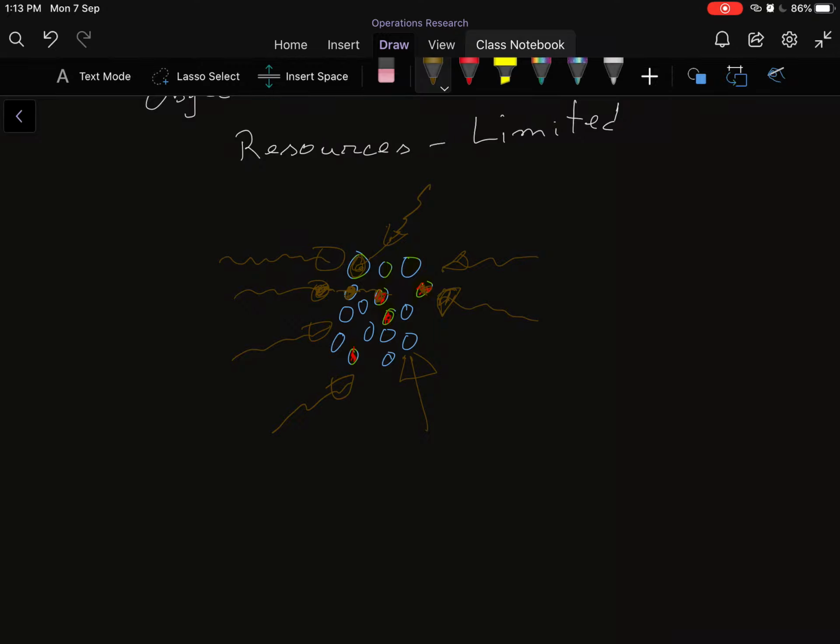Whereas on the other hand, if we take the example of this particular radiation, then it may hit this cancer cell, but it would not touch other healthy cells. So we can see that here we can achieve our objective of hitting as many cancer cells as possible, but at the same time would be damaging some amount of healthy cells.